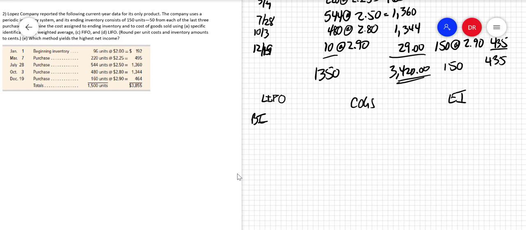So we have 96 units in beginning inventory. We're going to put all 96 units there in ending inventory because we're going to consider the first things we purchase to be the last things that we sell, and the last things we purchase to be the first things we sell. So 96 at $2 gives you $192.